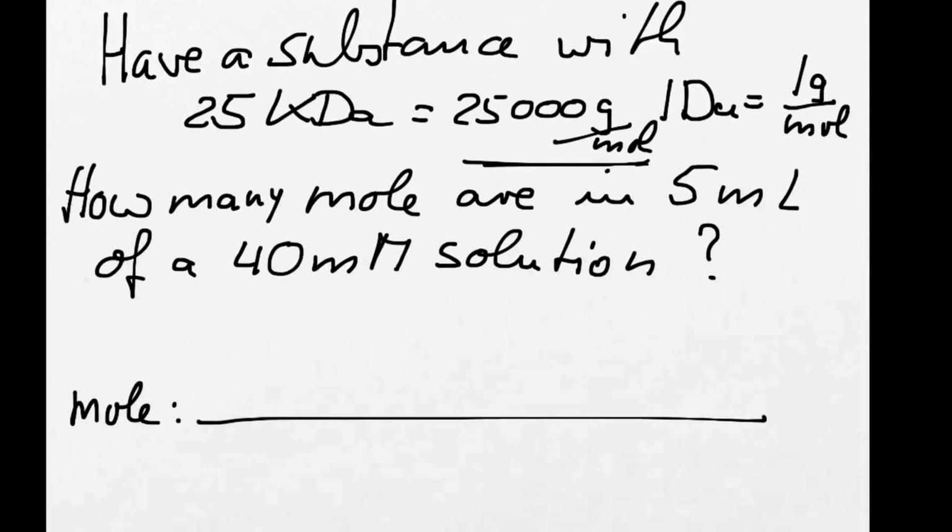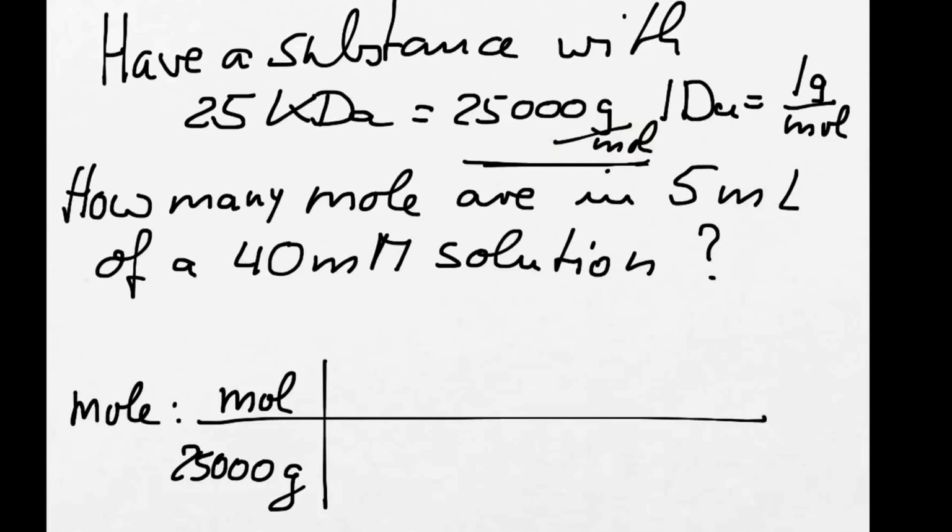Mole, unfortunately, is below the line, so we have to write it the other way around. So we write mole, and what do I write below the line? 25,000 gram. Wonderful. Now we need to get rid of the gram.